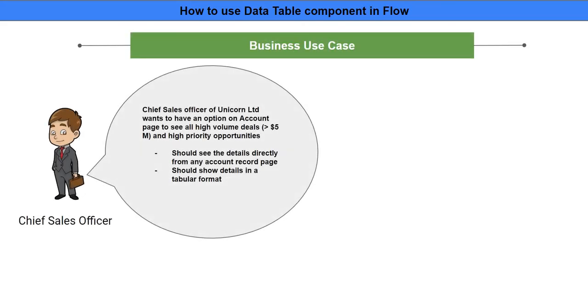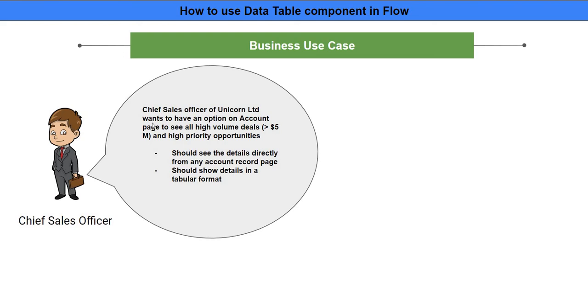The business use case is a requirement from the Chief Sales Officer, who wants to see a list of high volume deals, or large deals with an amount of more than 5 million. So basically opportunities. He wants to see those opportunities in a nice tabular format on the account record page.